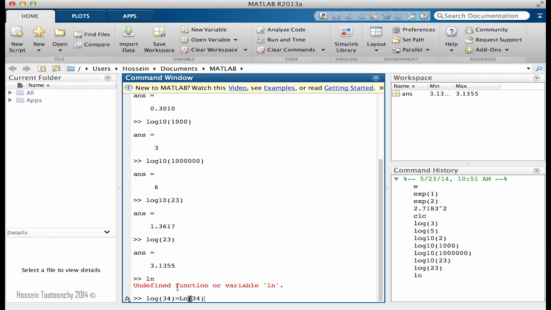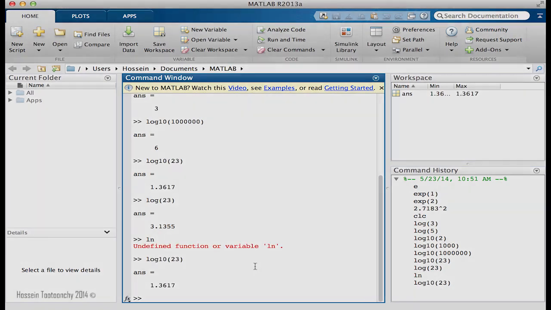I wanted to show you what they are equal to in MATLAB. But log10 is the conventional logarithm function that we learn in our textbooks and classrooms. Let's move to the next part.